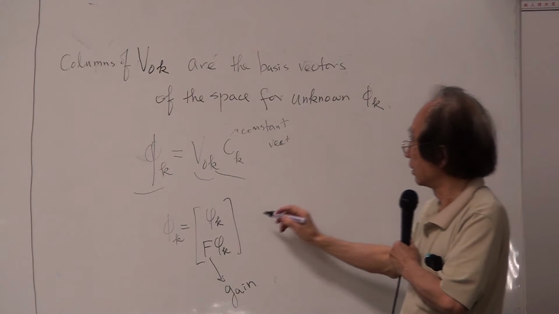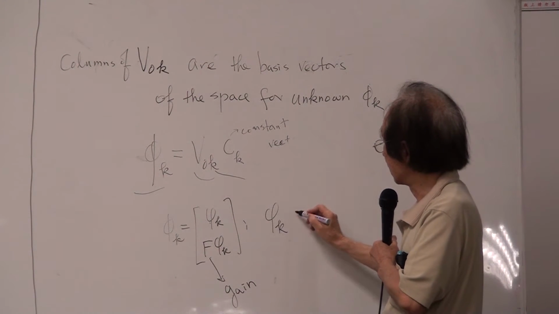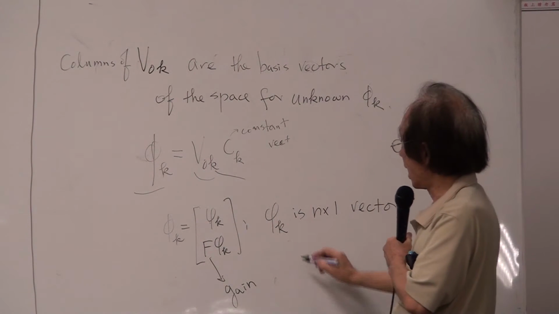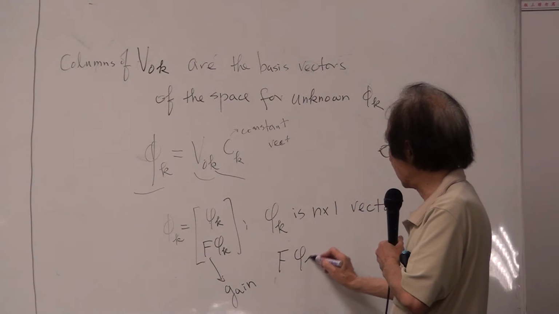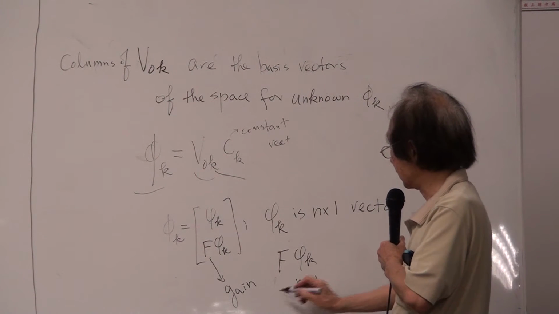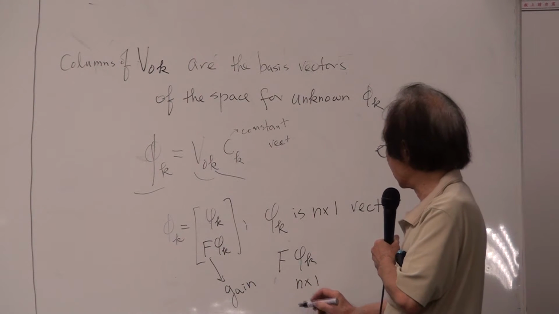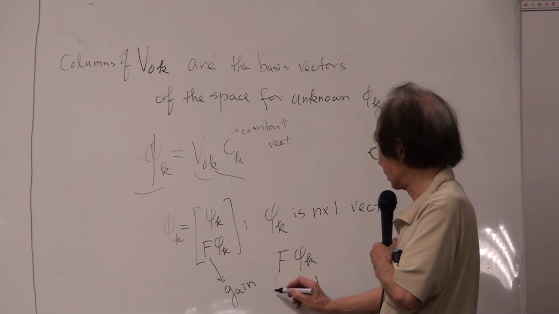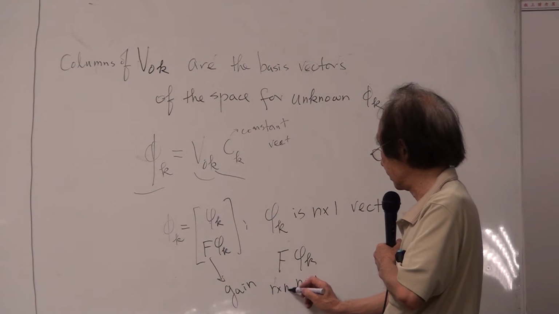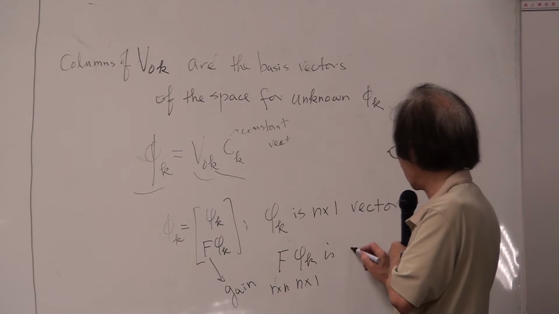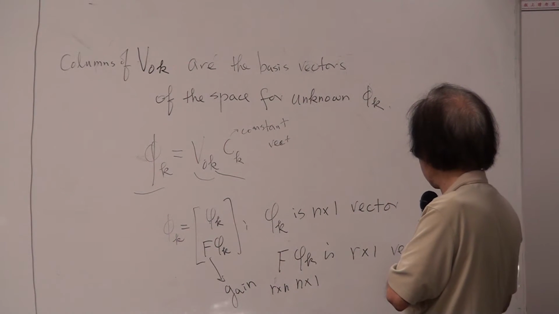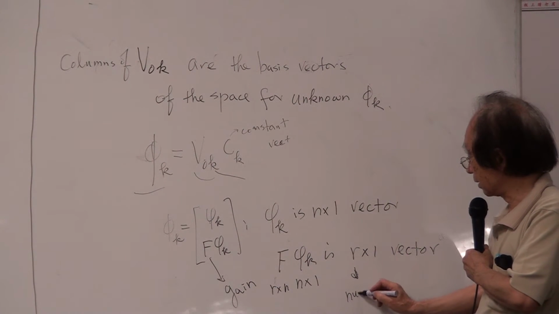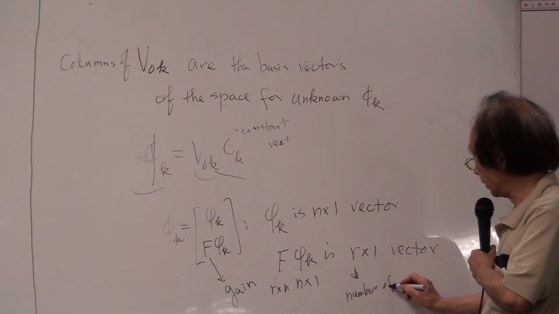Now, this psi k is an n by 1 vector, and f psi k is r by 1. So Vk is an (n+r) by 1 vector. R means the number of inputs.